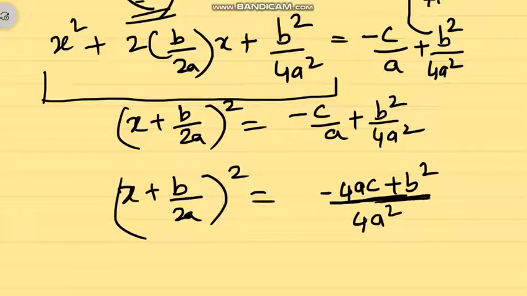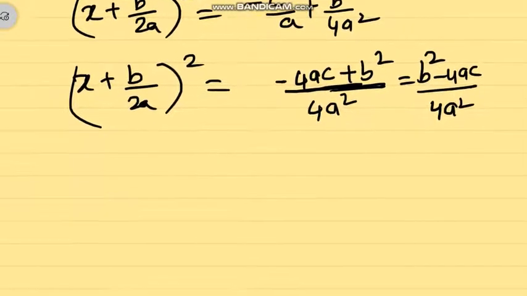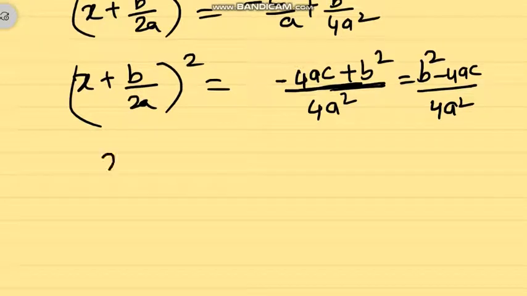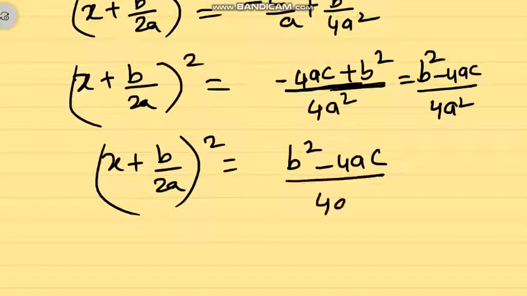So this will become b square minus 4ac by 4a square. So (x plus b by 2a) whole square is equal to b square minus 4ac by 4a square.